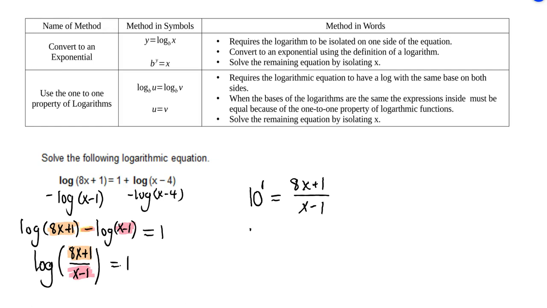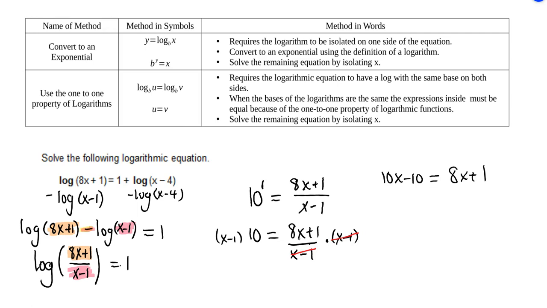So 10 to the first power is 10. I can multiply both sides by the denominator to clear fractions. That gives me 10x minus 40 when I use the distributive property. And on the right-hand side, those denominators canceled out, leaving me with 8x plus 1.